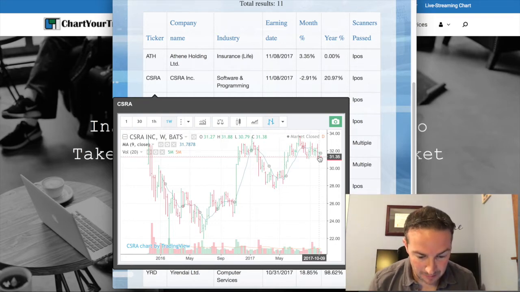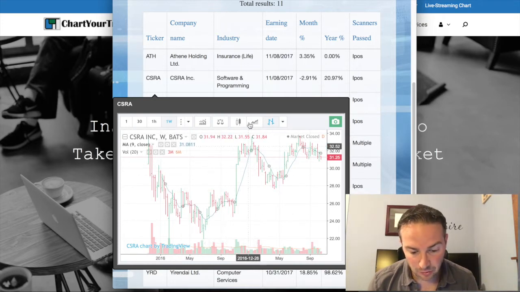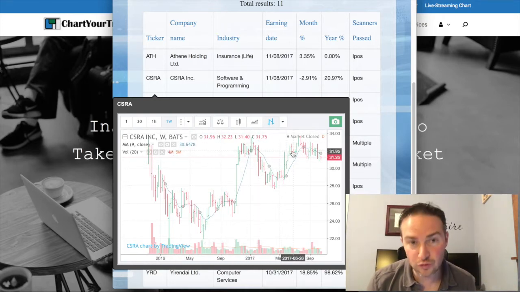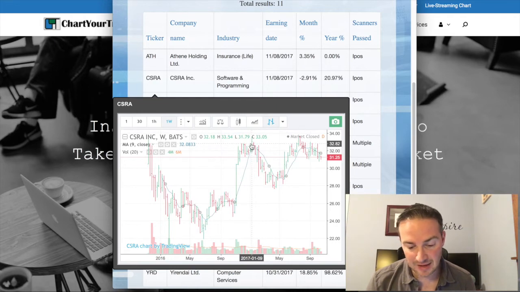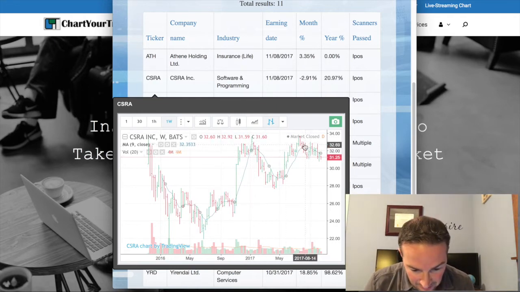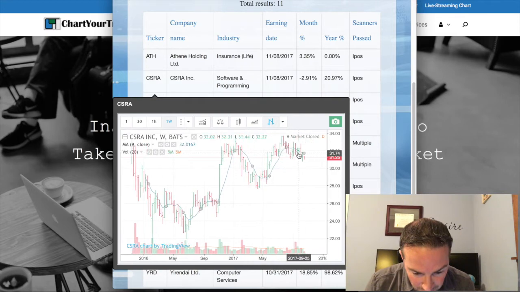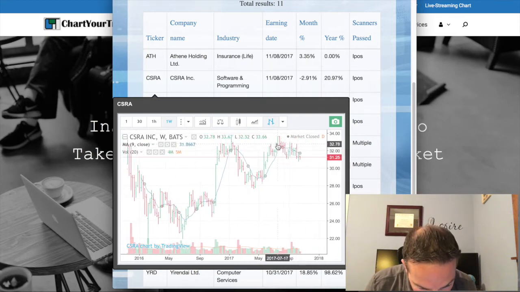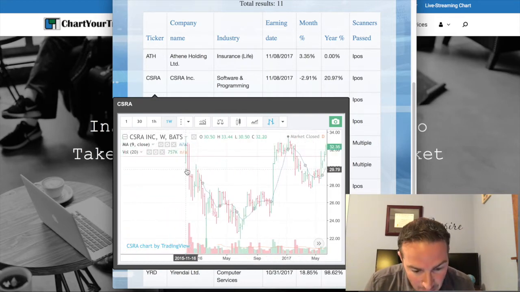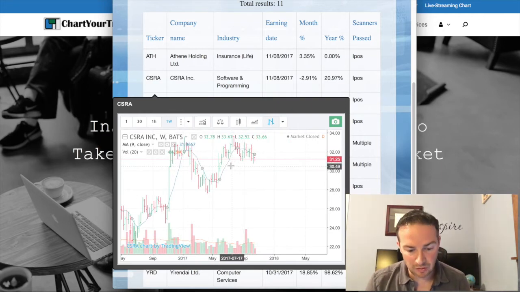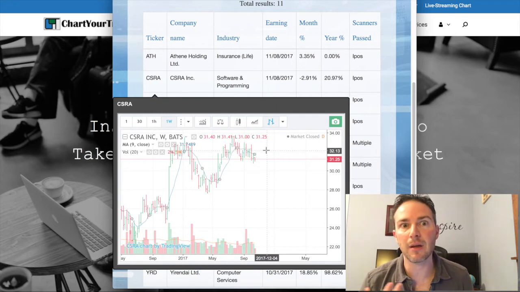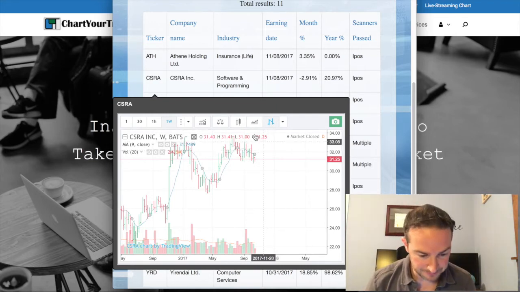So we have this deep base, then a very similar looking base there that's shorter and shallower, and it's doing that again. I think that it continues to consolidate right around the IPO high of 33.44. That's the major point of resistance, and so if it's able to climb above that and sustain it, then I think that we could get a bit of a run here. So look out for that one on CSRA.